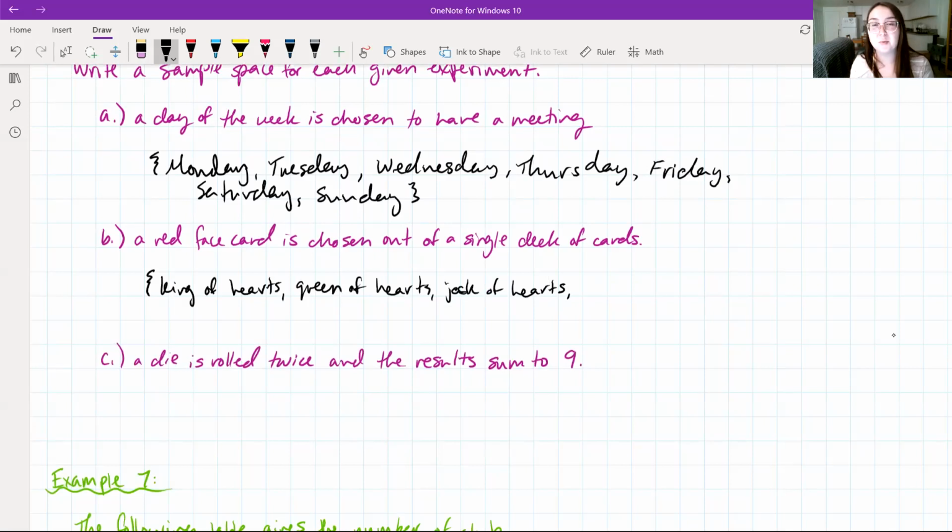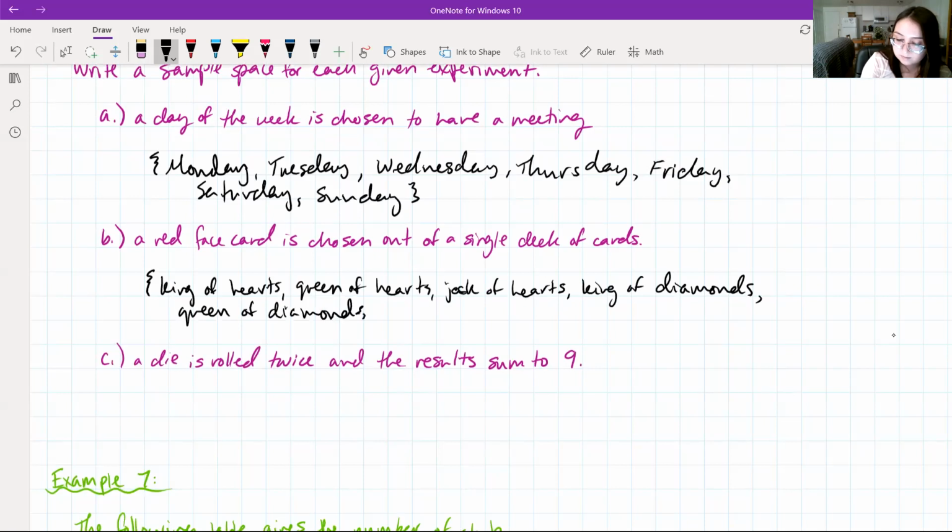Now we have 3 more red face cards that are not in the suit of hearts. So we know this is going to be diamonds. So we have King of Diamonds, Queen of Diamonds, and Jack of Diamonds. So our set was the 6 different options of red face cards in a deck.